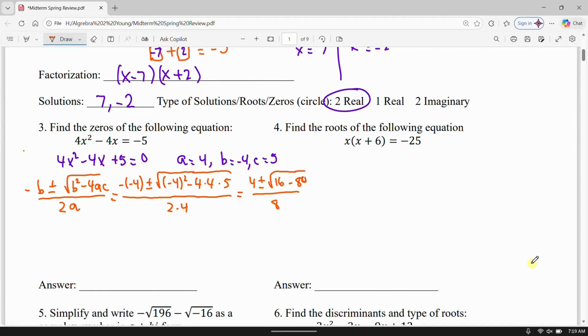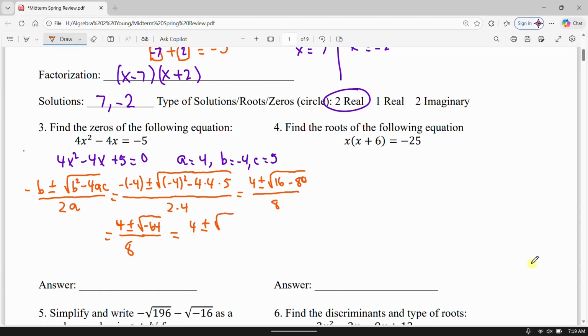So this gives me 8 on the bottom, and 4 plus or minus the square root of a negative number: 16 minus 80 is negative 64. So you're going to have two complex solutions. 4 plus or minus the square root of 64.